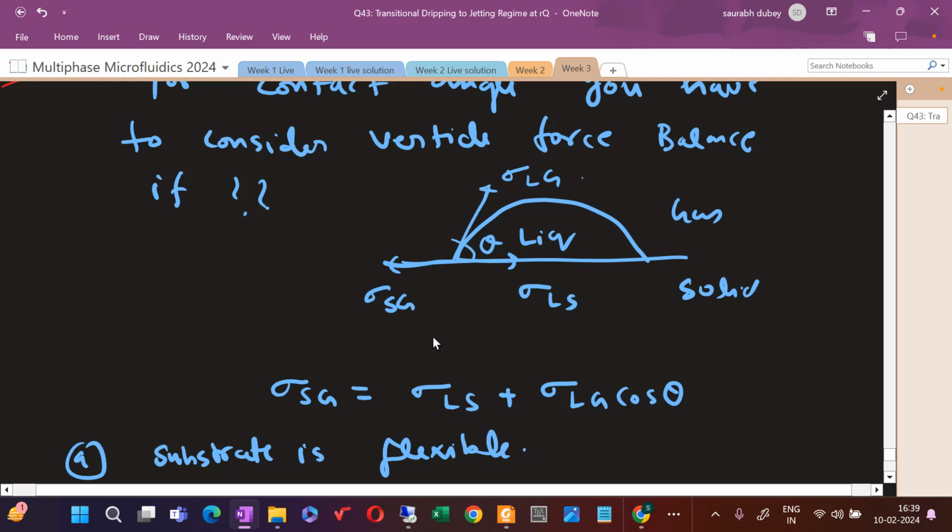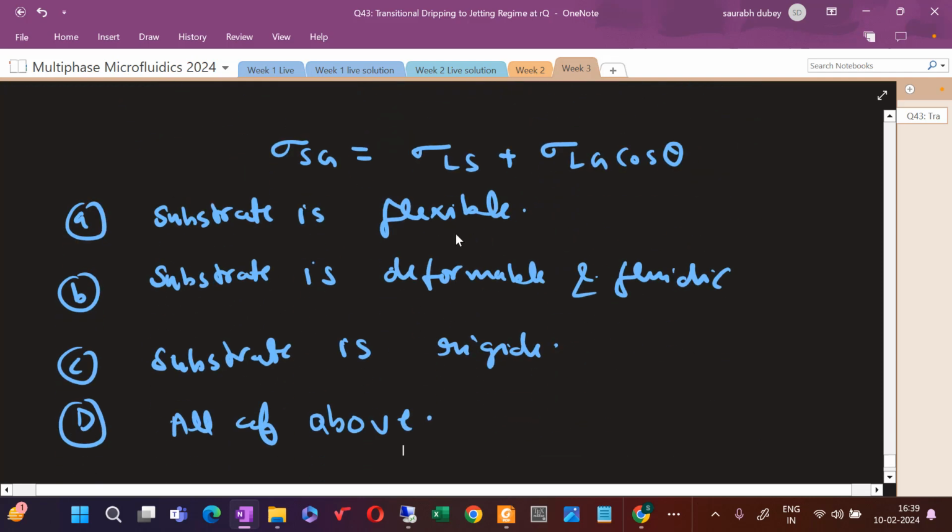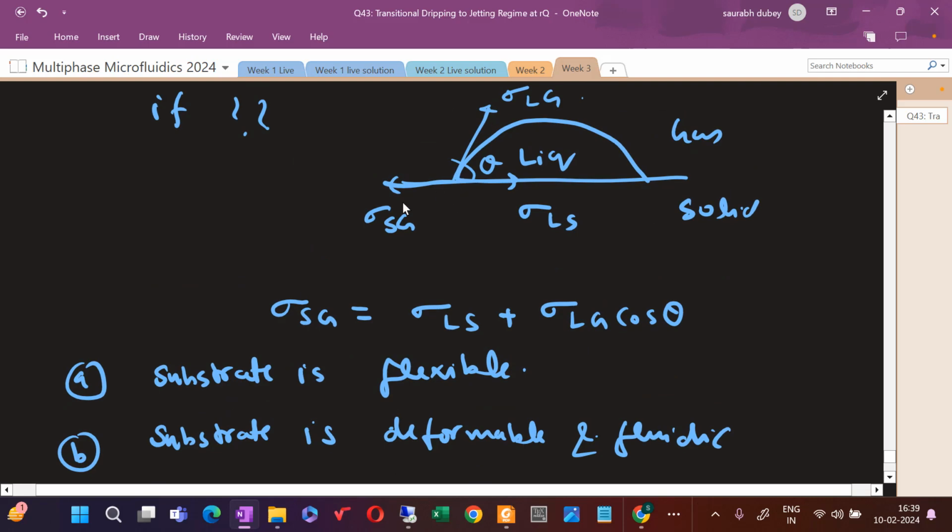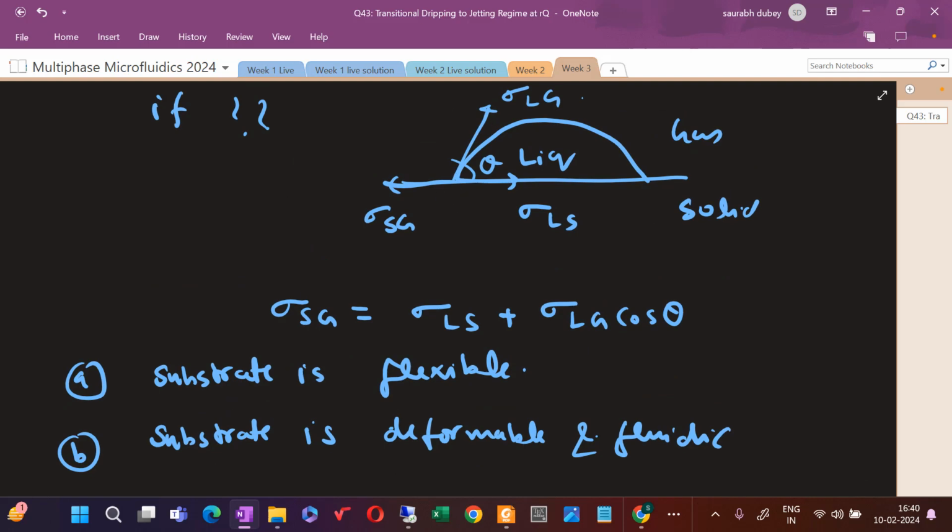You haven't considered it because these forces will be very insignificant if the interface is not deformable, but it is deformable. When it is deformable, there should be a balance coming up.